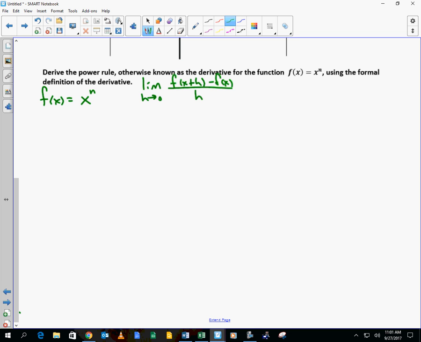So I will use my formal definition for the derivative. f prime of x is equal to the limit as h goes to 0 of, what do I get if I plug in x plus h? x plus h raised to the nth power minus x to the nth.